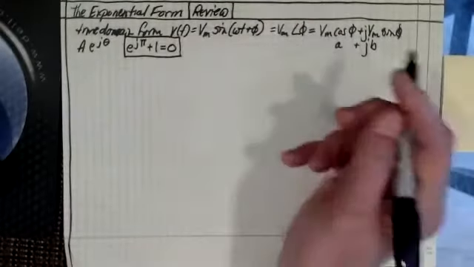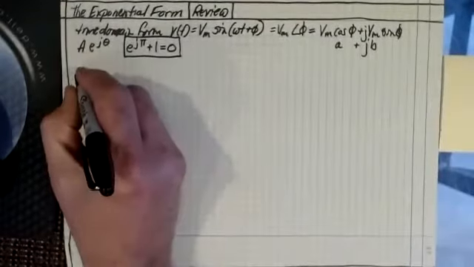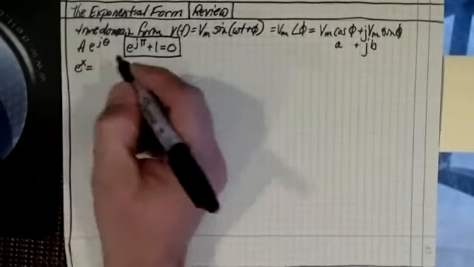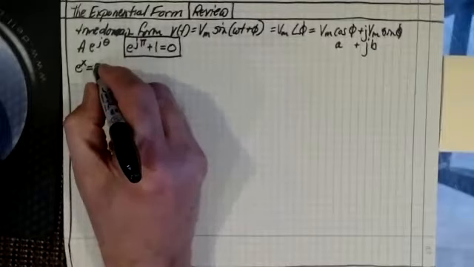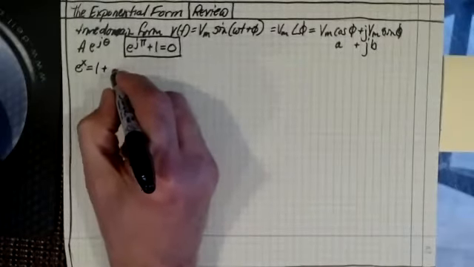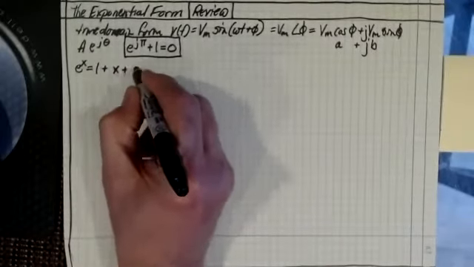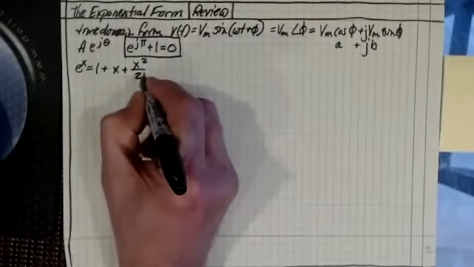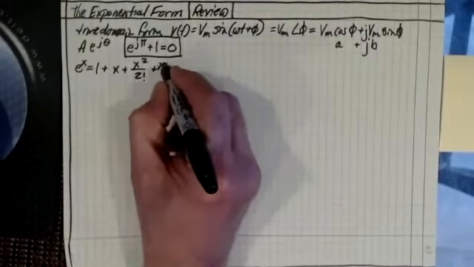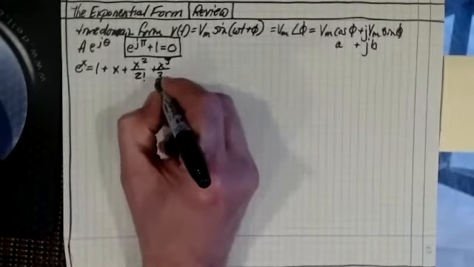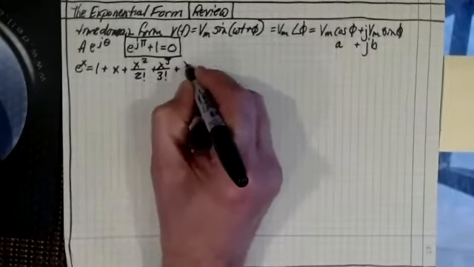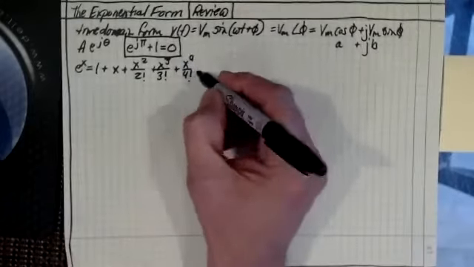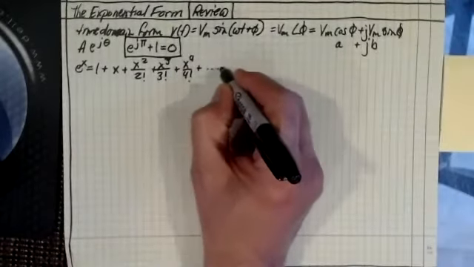So when we look at the expansion series for e to the x, we see that it is 1 plus x plus x squared over 2 factorial plus x cubed over 3 factorial plus x to the 4th over 4 factorial, plus and so on.